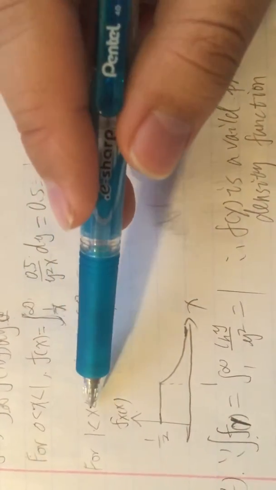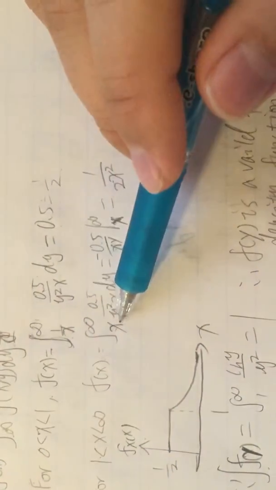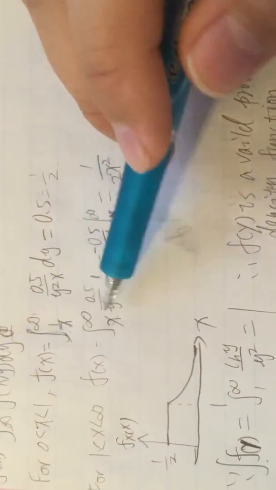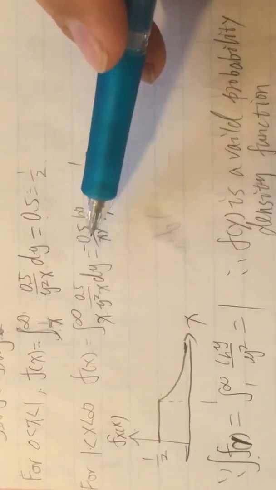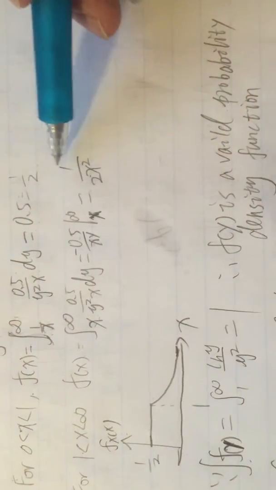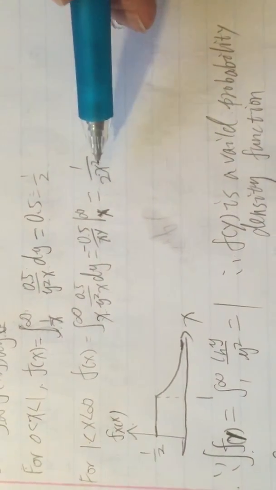For x greater than 1 and smaller than infinity, f of x equals the integral from x to infinity of 0.5 over y squared times x dy, and we do the integral, so we get the answer 1 over 2x squared.